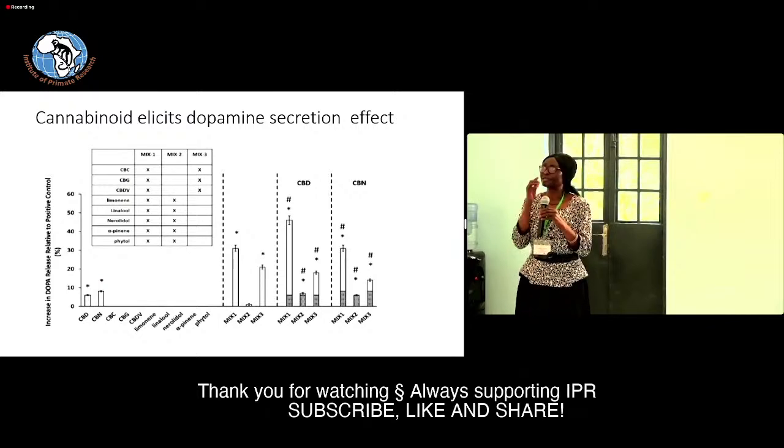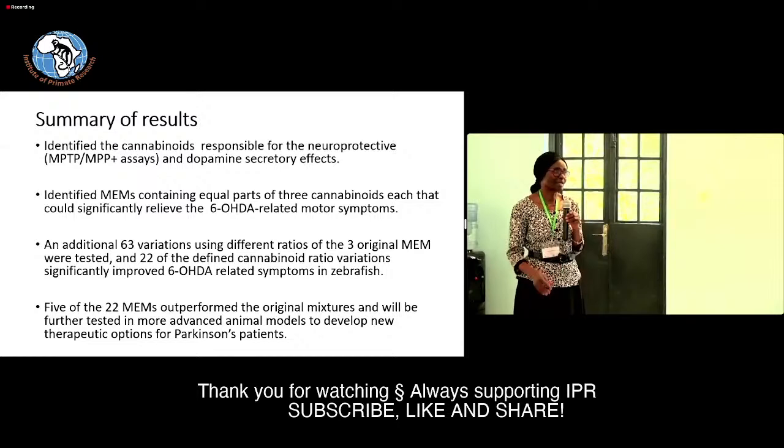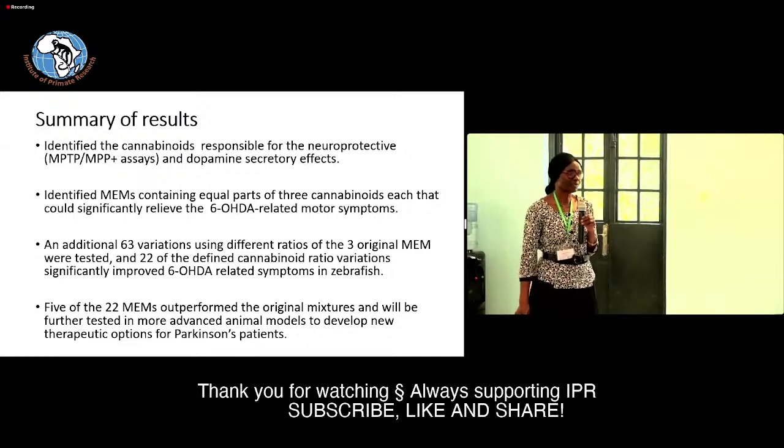Next. To finish, the summary of the results: they were able to identify the cannabinoids responsible for the neuroprotective effect. They were also able to identify the cannabinoids responsible for dopamine release. They were also able to identify the minimum essential mixtures containing equal parts of the three.